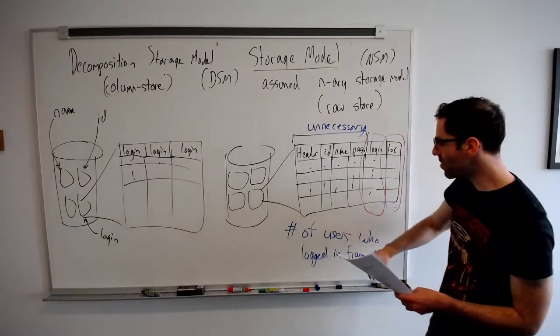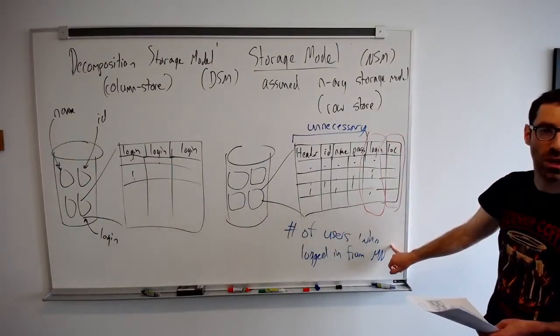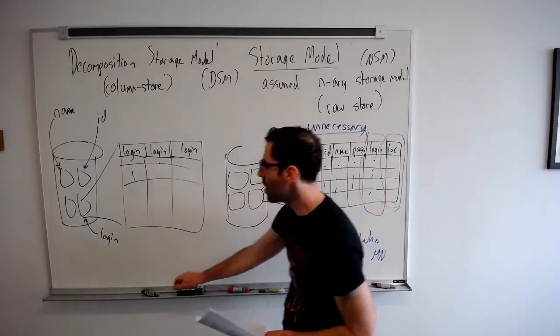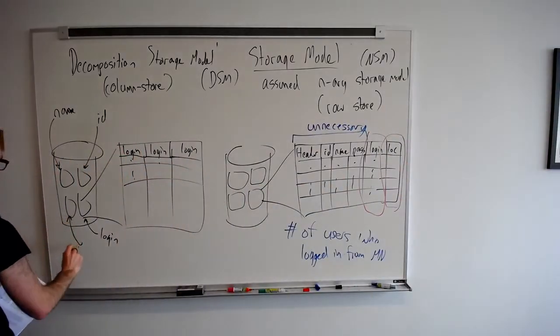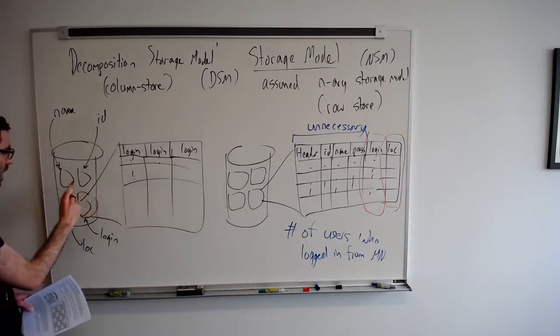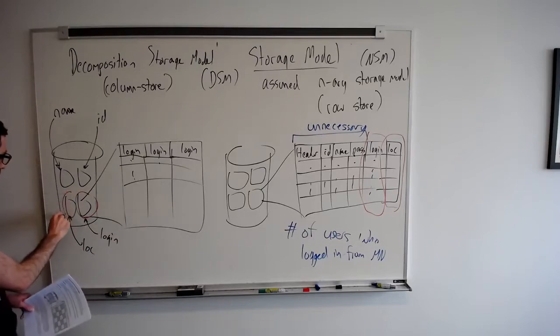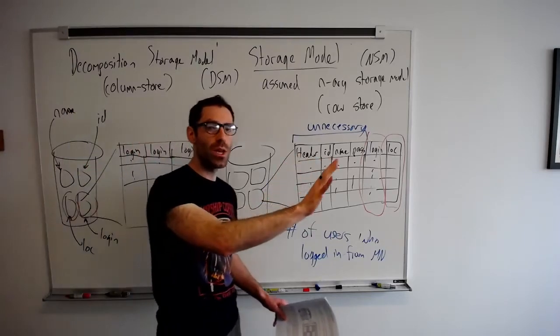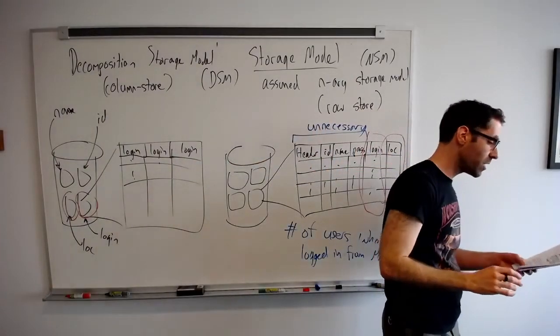So when we do a query like, give me the number of users who logged in from Minnesota in the last month, we can just get the page with the login values and the page with the location values, and we're getting just the data we need and none of this unnecessary stuff.